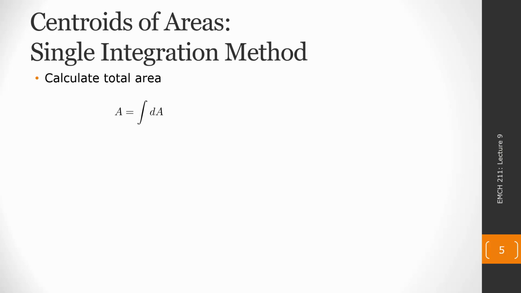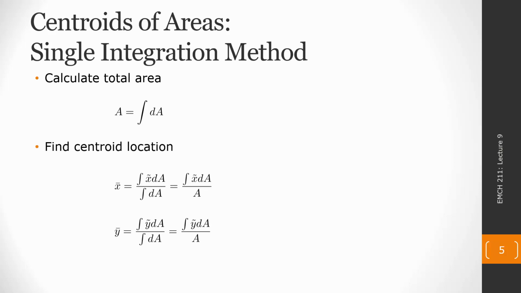Once we know the total area of our shape, then we can find the centroid of our entire shape. And we're going to do that by using those x tildes and y tildes that we've defined. So the x tilde is again the centroidal location of any one strip in the x direction, and y tilde is the centroidal location in the y direction for any one strip. So basically in this step, to find what I'm going to call x bar and y bar, which is the centroid of the entire shape, we're more or less doing a weighted average of the centroids of all of the strips that make up our shape.